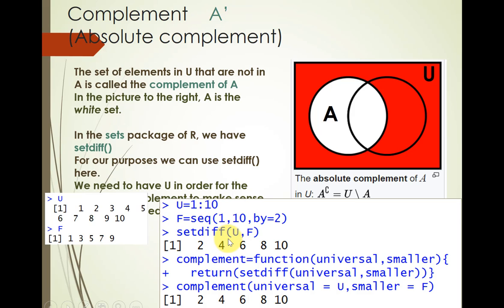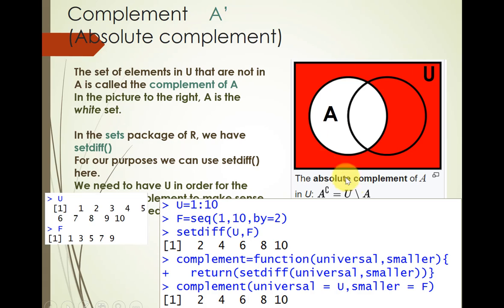And then we have setdiff U and F, and it gives us 2, 4, 6, 8, 10, which is what we meant by the complement of F, right? So the complement of this, if this is U, this is everything.